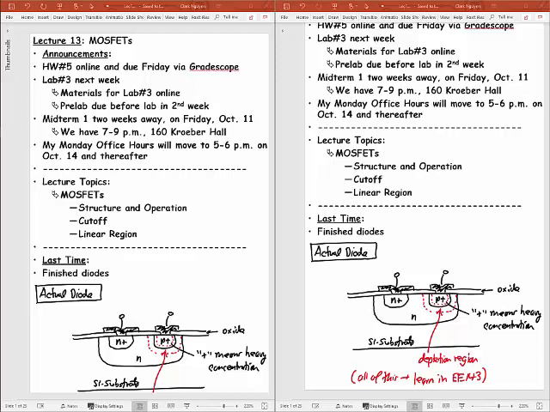Is there anyone who cannot go to both discussion sections? Just raise your hand. Really? You cannot? When is it? 9 to 10? Okay. All right. So we can't do that. We have to find some other time to do the discussion section. And I guess that's going to be late in the evening.